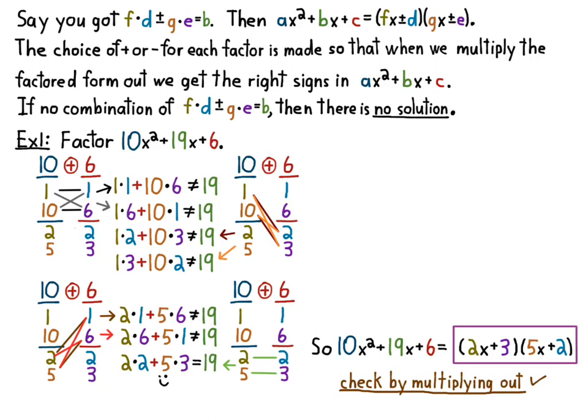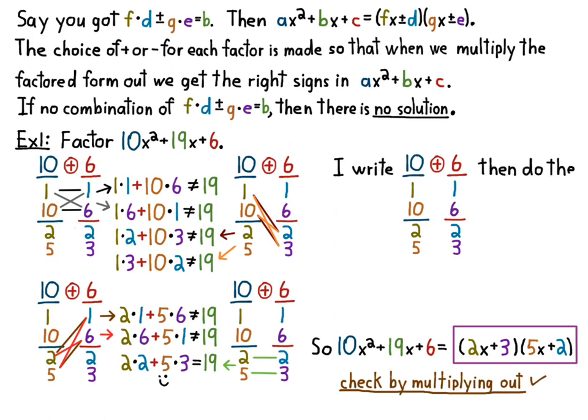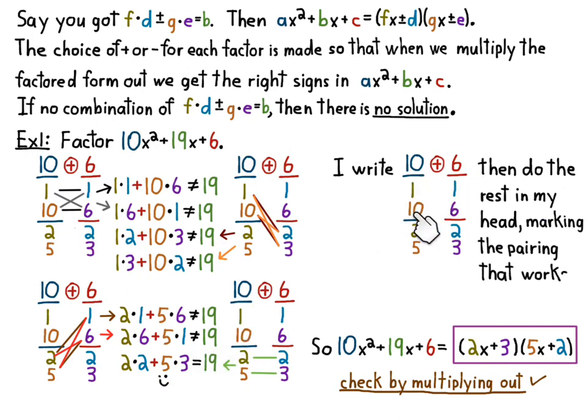When you're inputting these, you should know that they're correct. You shouldn't be guessing that they're correct. That's one good thing about this factoring: when it's right, you'll know it's right. What I actually write down is not all of this stuff here. This is just so you could see what I was doing. What I write is I just go like this, and I try them all, and then I just mark the ones that work, like this.